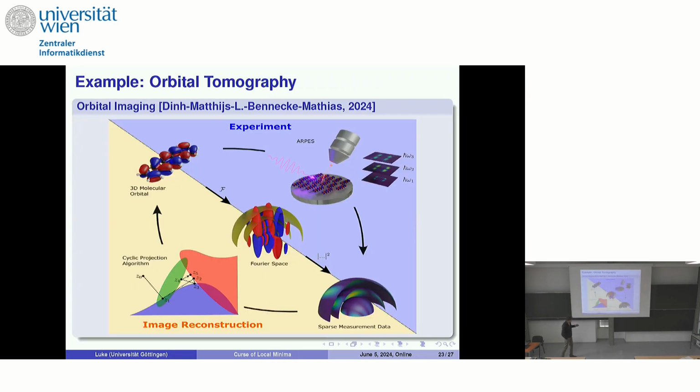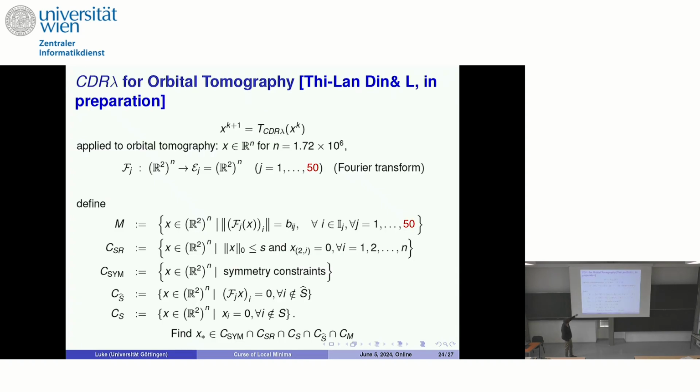So just to show you, back to the orbital tomography problem, again these are the sets that we're dealing with. This is the data set. This is the Fourier mapping here, the amplitude of the Fourier transform. This is what's measured. The payoff here is that the physicists were taking 50 measurements, and every measurement took them about half a day, and we showed them that they could get away with just 4 measurements.